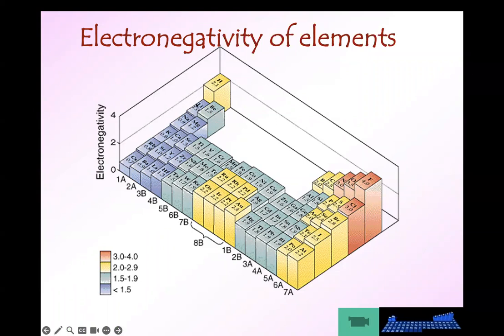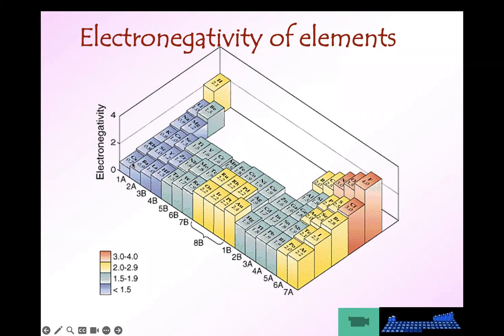While across a period, lithium, beryllium, boron, carbon, nitrogen, oxygen, fluorine, it is stepping up and up. The highest electronegativity value should be fluorine, while the lowest one is lithium in period 2. However, for group 1, lithium is the highest electronegativity, while cesium is the lowest.